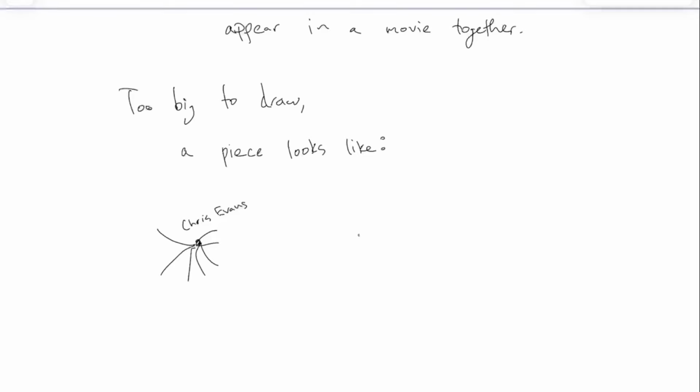Maybe one of those movies, he appeared in more than one, in fact. Let's say here's another one, Scarlett Johansson, remember her? I think that's how you spell it. So Chris Evans has an edge to Scarlett Johansson because they were in all those Marvel movies together, all right? And then she also has many edges going to other actors that she has appeared with.